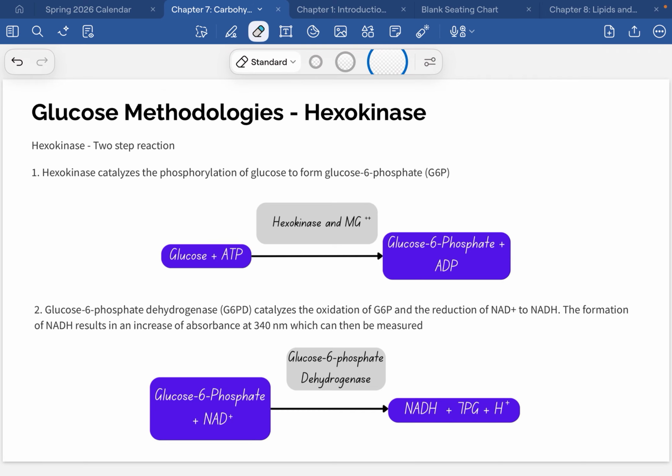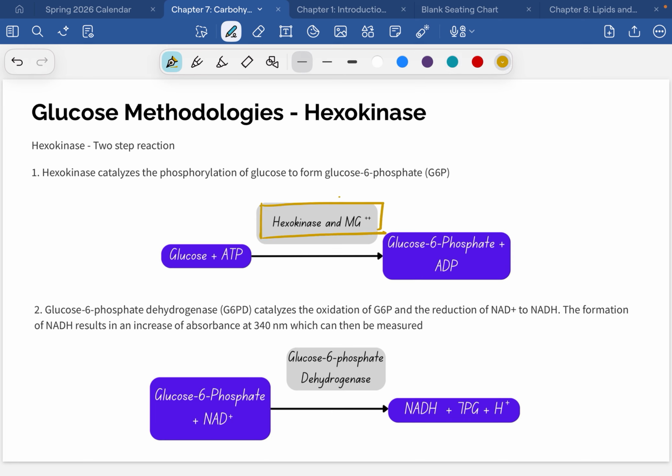Hexokinase, I'll put it in yellow, because what we're adding here, these are the reagents. The reagents here are this enzyme hexokinase, and then a divalent cation called magnesium. Mg stands for magnesium.